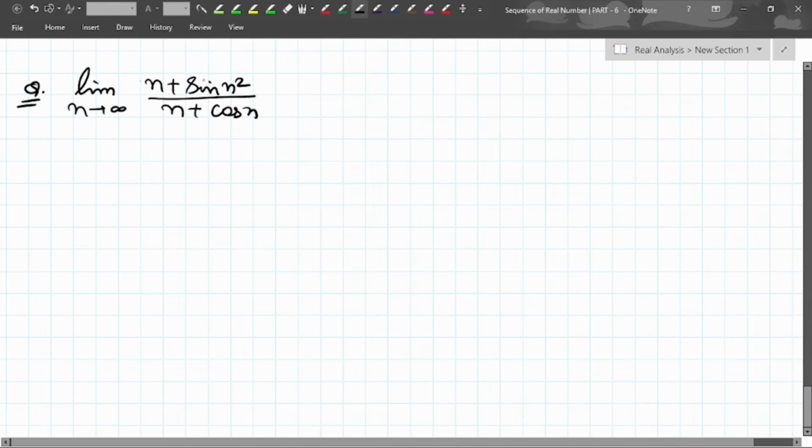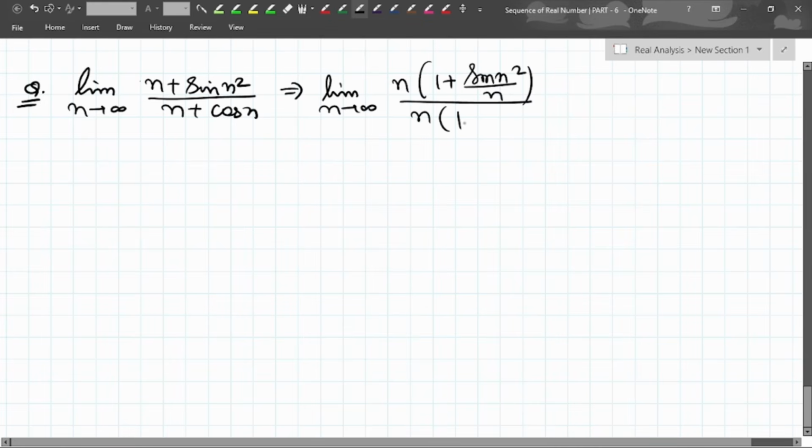From here I can write, I will take just n outside, so this is limit n tending to infinity of (1 plus sine n square over n) divided by (1 plus cos of n divided by n). So by sandwich theorem, the n will get cancelled, and it will go to 1. Why? Because this will go to 0 and this will go to 0.